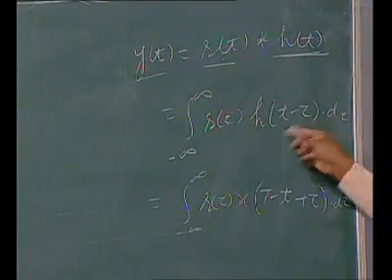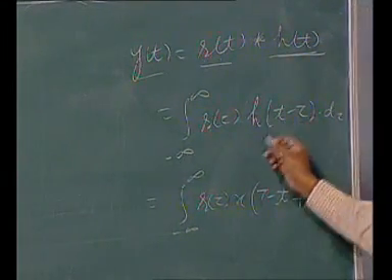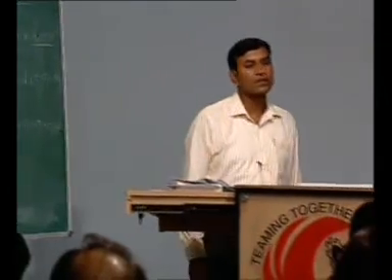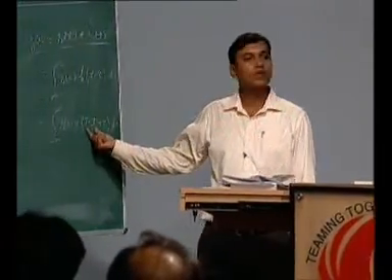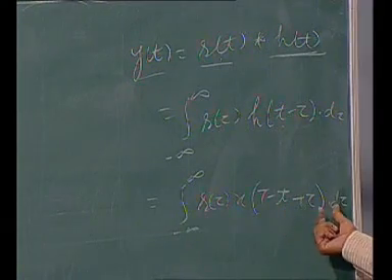Now, in this case, we are taking t to be capital T minus t, so it will become capital T minus t plus tau and d tau.